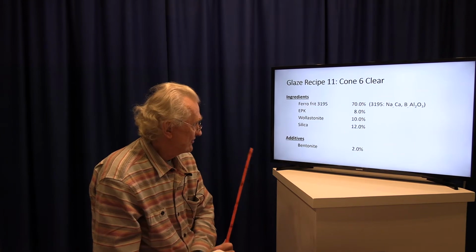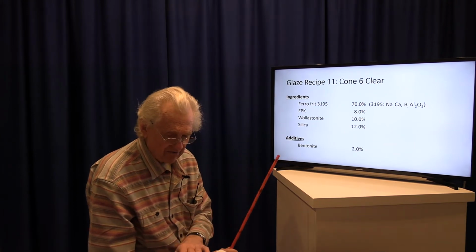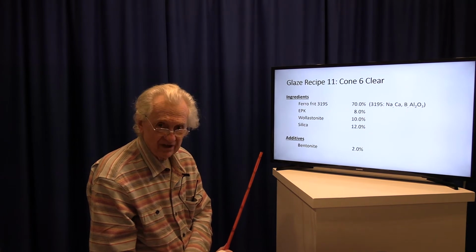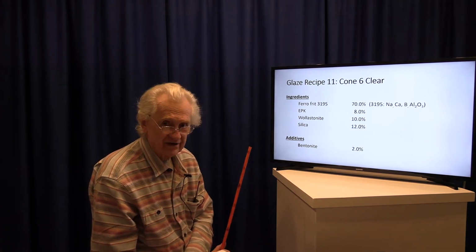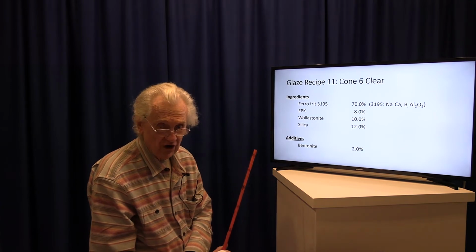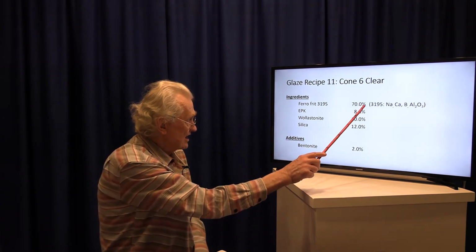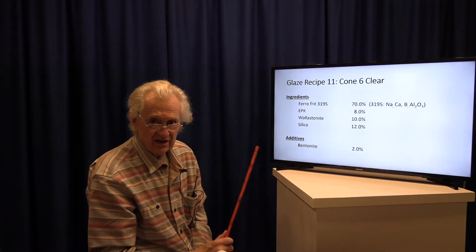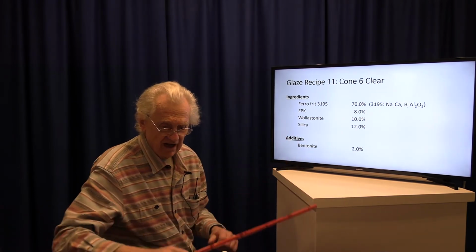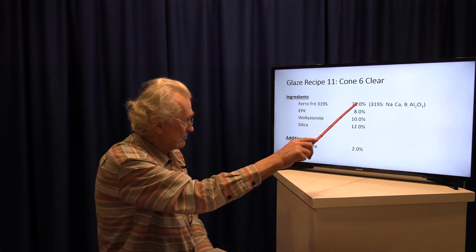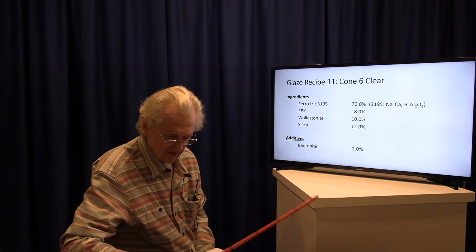And so what that suggests is, well, it's probably going to have a narrow firing range, which also means that it's not going to be very stable. I can probably overfire it and it'll boil and bubble, and it does, because I can just overcook it. This is a low temperature flux, and so to 0.5, and if I take it up to cone 6, it could very easily be overfired, and this is where you get bubbling and blistering of the glaze, because I've got only that one flux. Okay?